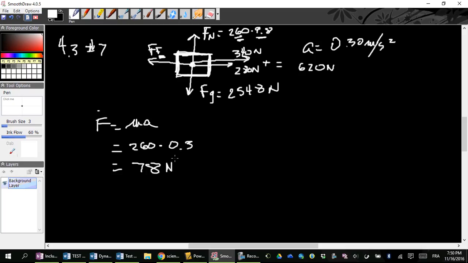Okay, so now that's making sense. So the actual force acting on the piano that's left over when friction and the people pushing is all combined together, I'm just left with 78. Right? So this has to be pushing this way with the leftover of 78 newtons pushing forward.